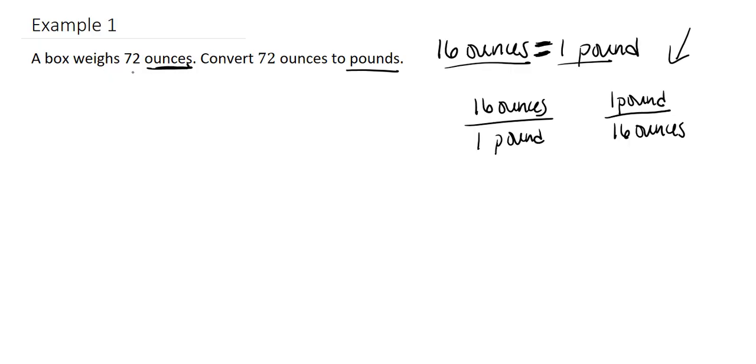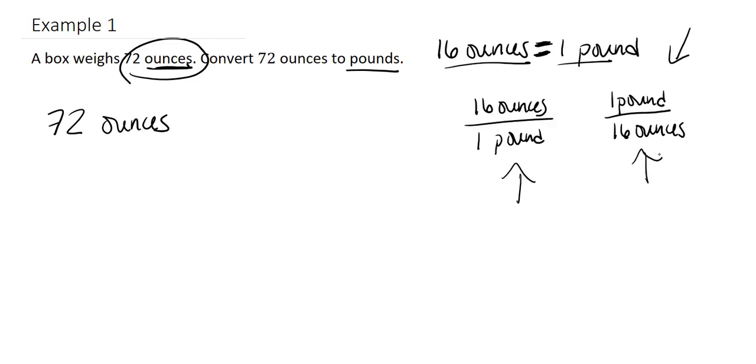We have our starting number of 72 ounces, so we're going to put 72 ounces right there. Then we need to figure out if we're going to use this conversion or this conversion. The trick is we want to let our units tell us what it is.